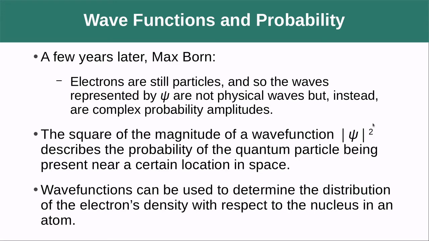Basically, he takes the wave function, multiplies it by its complex conjugate, and in doing so, he clears that imaginary portion, and he winds up getting out of that a not entirely intuitive probability distribution function. This probability distribution function tells you where it's probable and likely that an electron would be around the nucleus, and from this he can infer the electron density with respect to the nucleus in an atom.